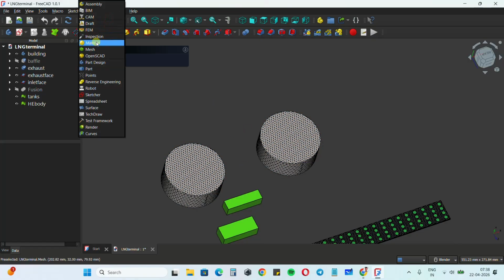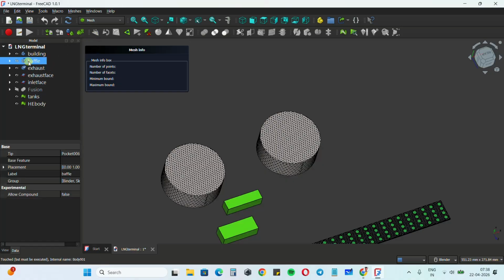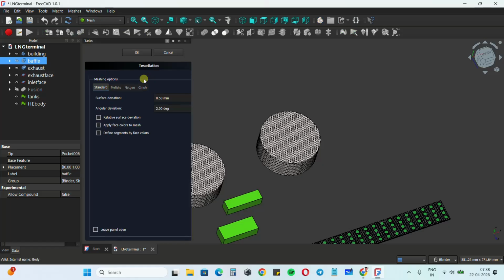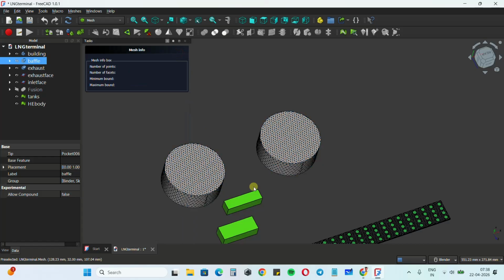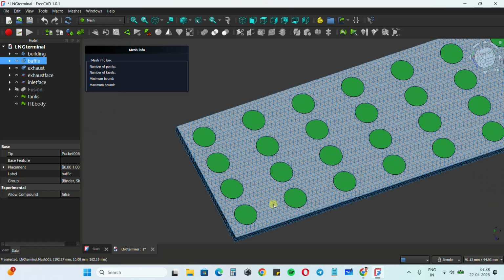You can do that by going to the mesh module, and if you select a geometry and create a mesh from shape, you can control the fineness of the tessellation by adjusting these 2 parameters. I have already done that for the tanks and also for the heat exchanger body.